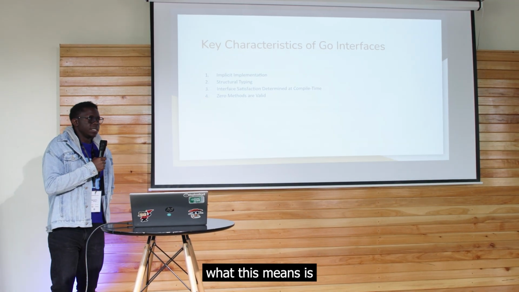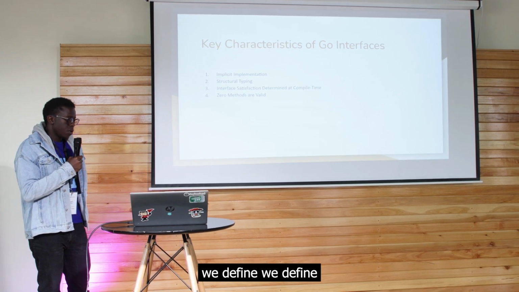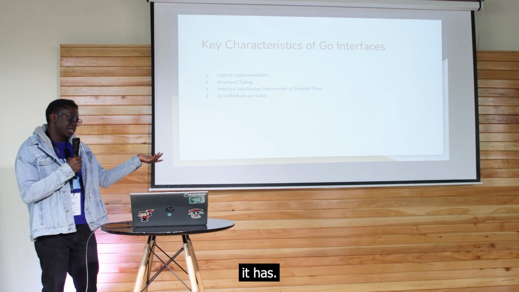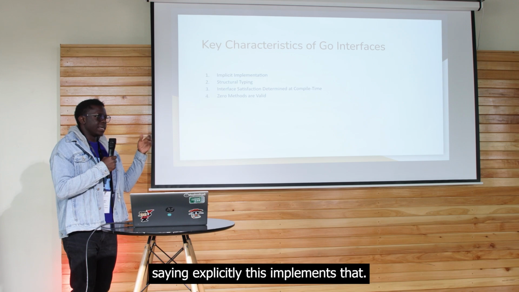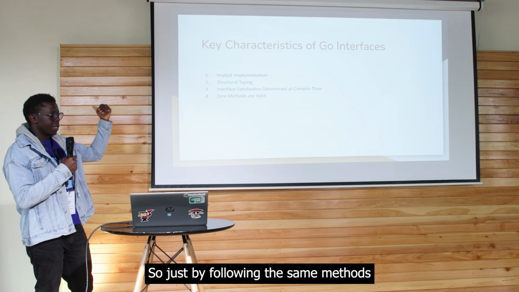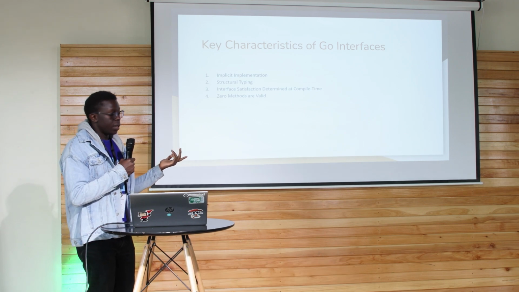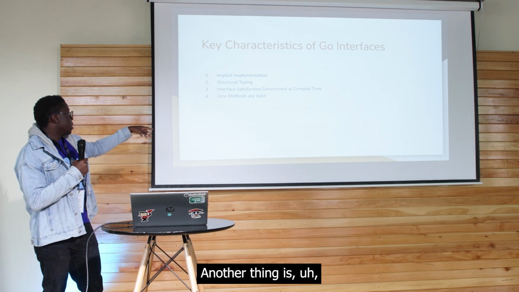What this means is we define what an interface is by what methods it has, rather than saying explicitly this implements that. So just by following the same methods and the signatures, then we have our interface implemented.